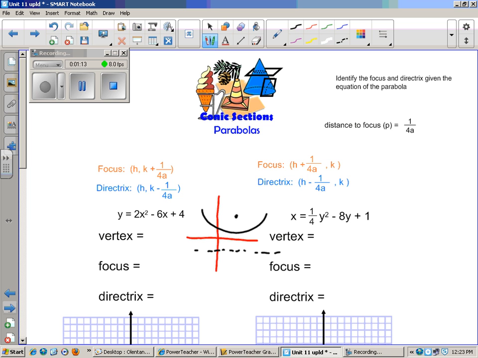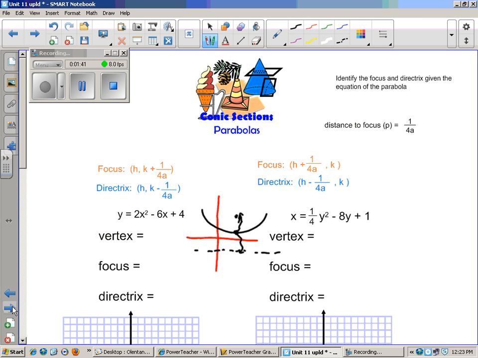So if I knew the vertex and I knew how to calculate that distance, couldn't I just take the y coordinate and add that distance to get that ordered pair? And I could take that y and subtract it and get that coordinate, right? So that's kind of what this is saying.